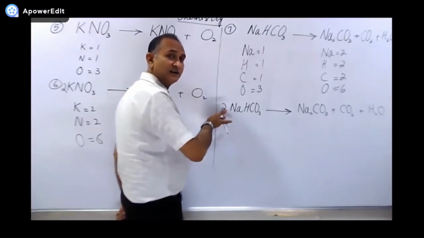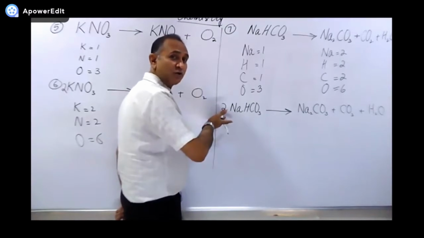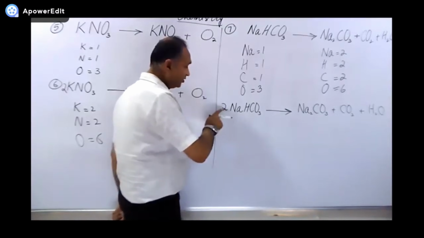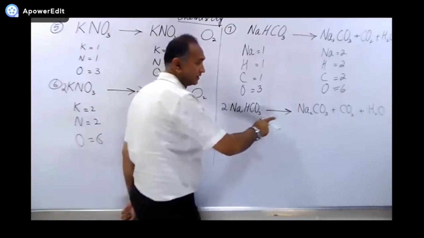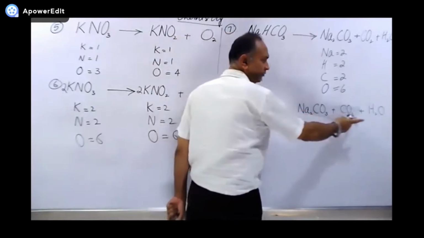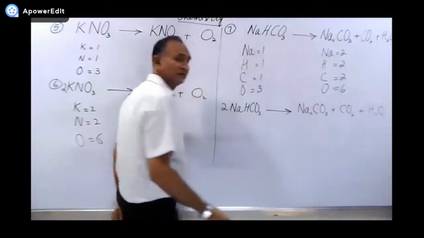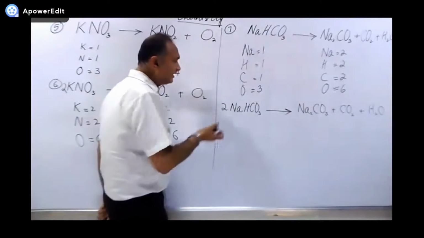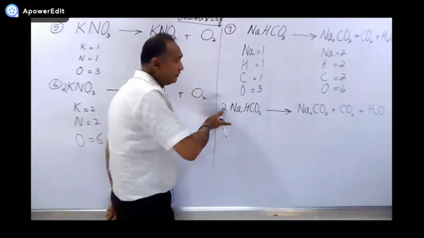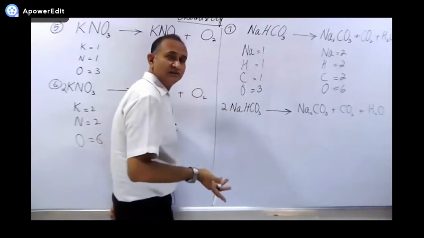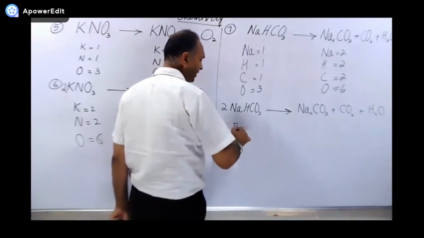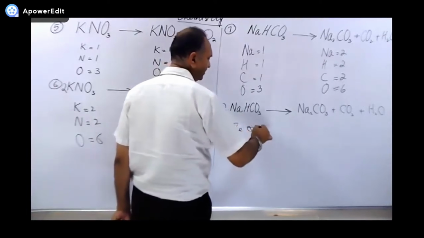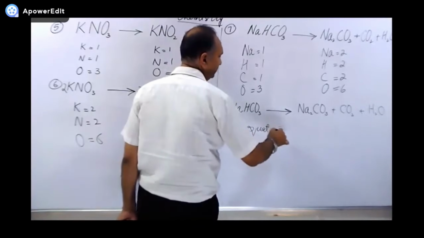And what about oxygen? Two threes are six oxygen. 3, 4, 5, 6. So just by writing this two, we have balanced the equation. We will write here the equation is balanced.